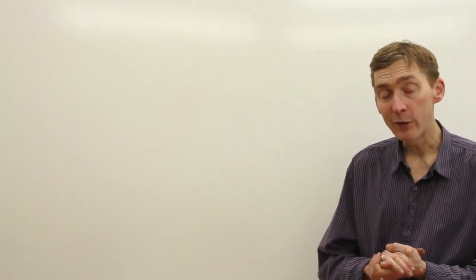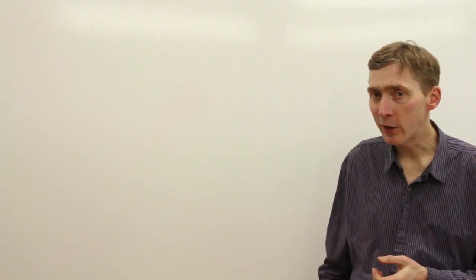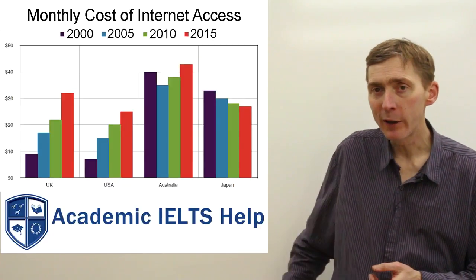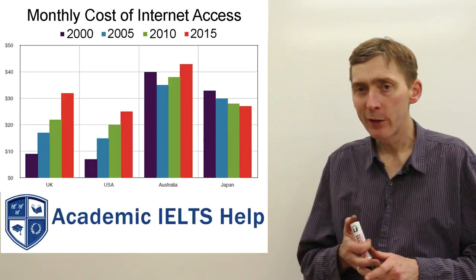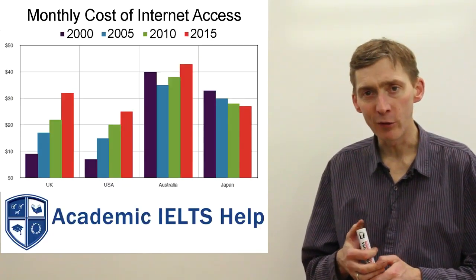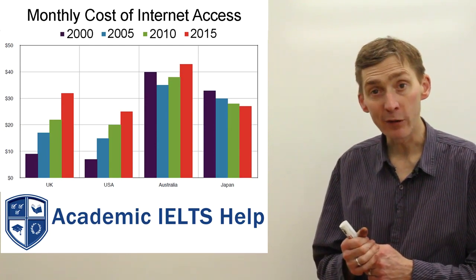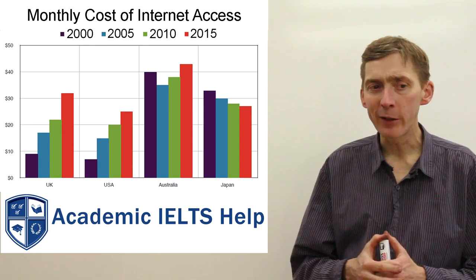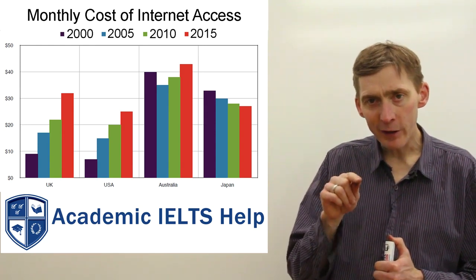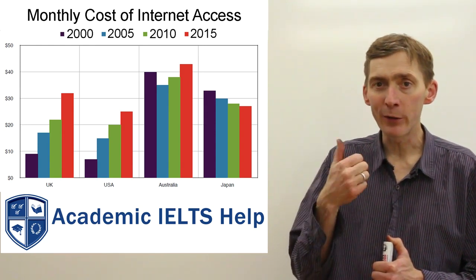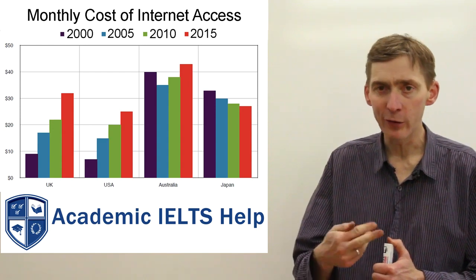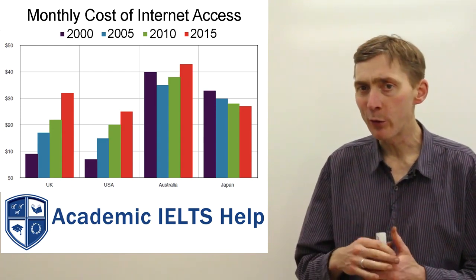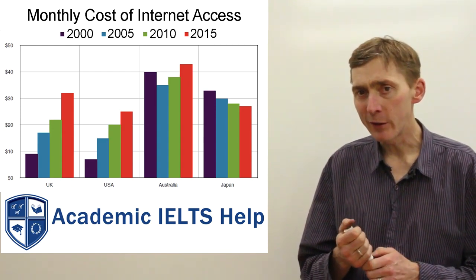So let's talk about the introduction then to the essay, the task 1, describing data. You've had a chance to look at the question, my example question, which is about the cost of internet usage in different countries. Now, the mistake that many students make is that they always refer to the data in the same way. So they'll talk about the cost, the cost, the cost, the cost. And we don't want to do that. We want to avoid repeating the same language.